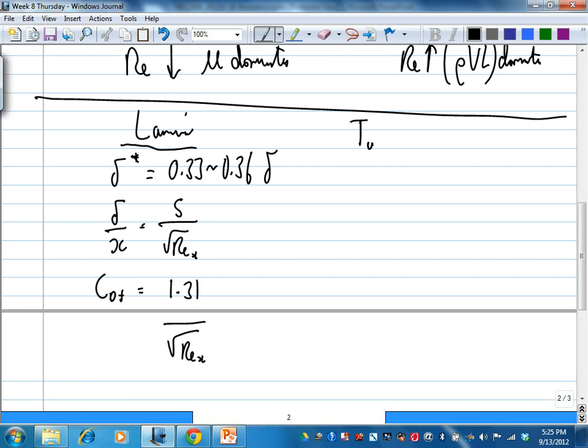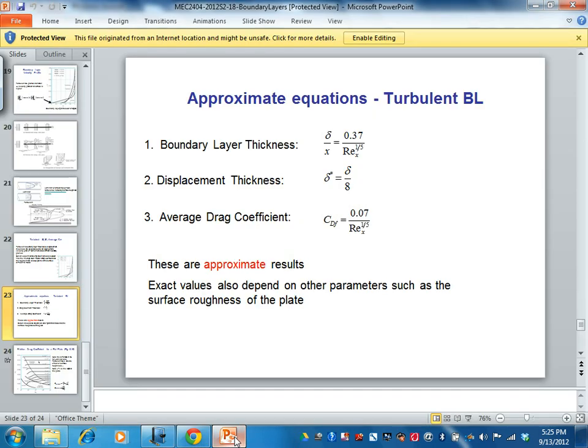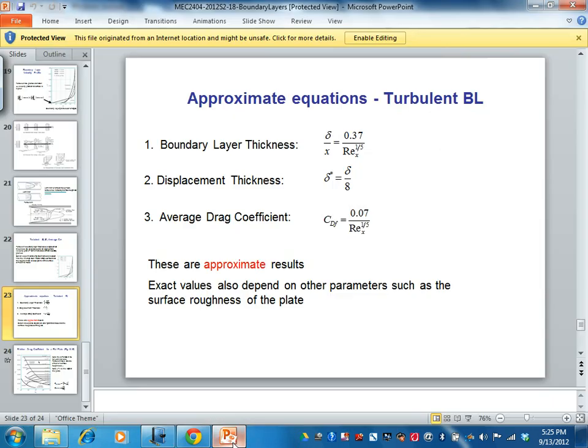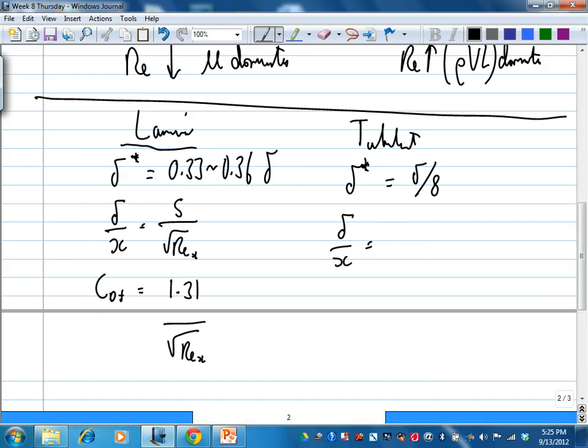For turbulent flow, delta star is approximately delta on 8. Is that correct? Delta on x is approximately 0.37 over Re_x to the 1 on 5.